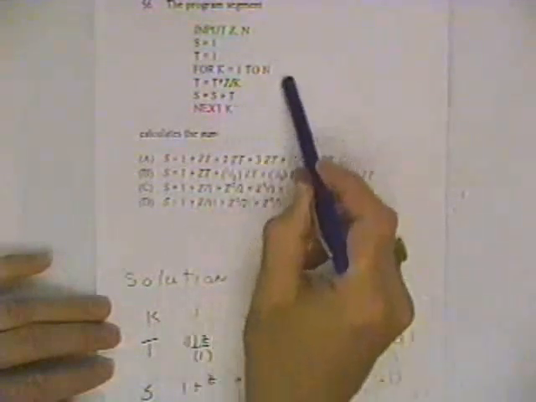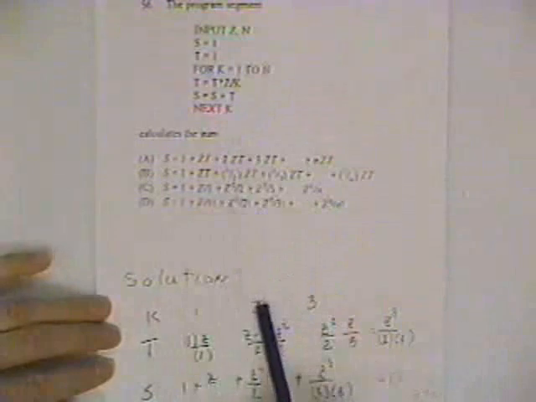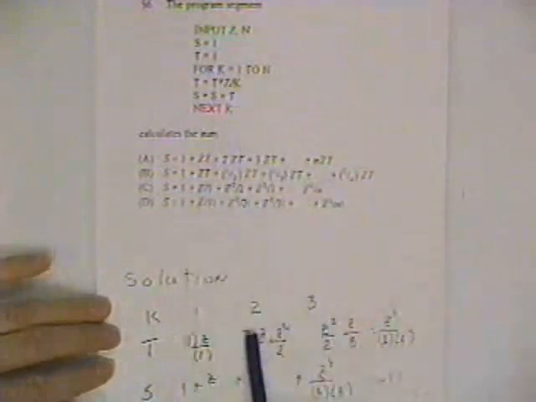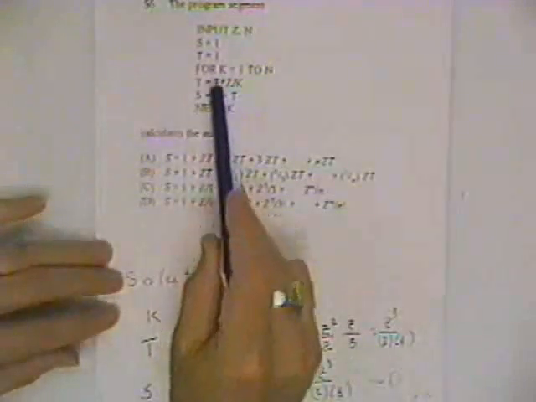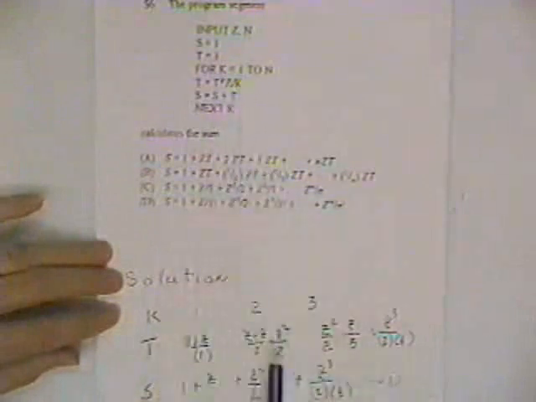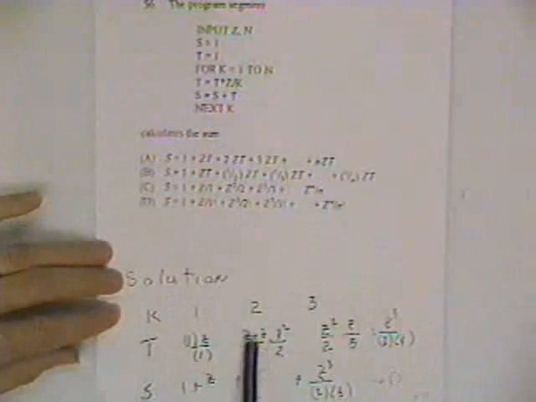Gets down to the next k, jumps back up, increment k, k is now equal to 2. Come down, we now calculate a new value for t. The new value of t is the old value of t, which is just z, times z, divided by k, and k is now equal to 2. So we have z times z divided by 2, which would be equal to z squared over 2.